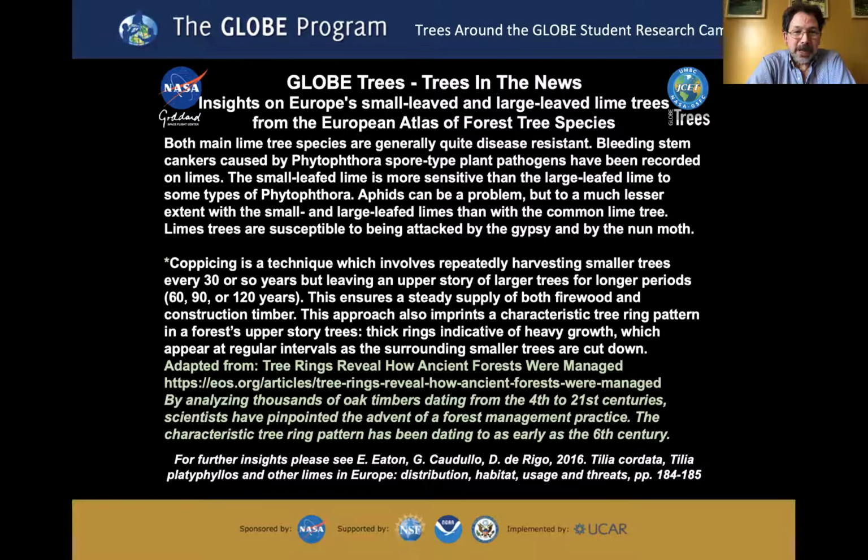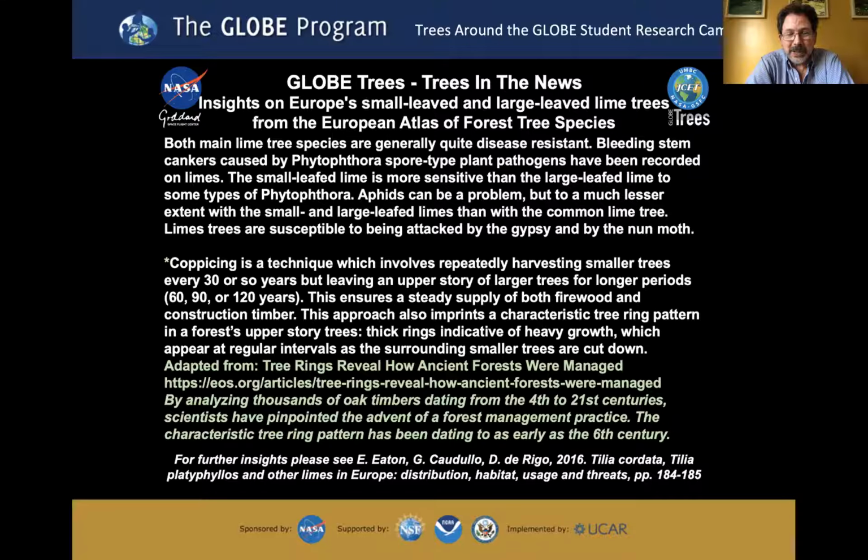Coppicing is a technique which involves repeatedly harvesting smaller trees every 30 or so years, but leaving an overstory of larger trees for longer periods. So this ensures a steady supply of both firewood and construction timber. This is based on oak trees, but it applies also to a number of other trees, including limes.